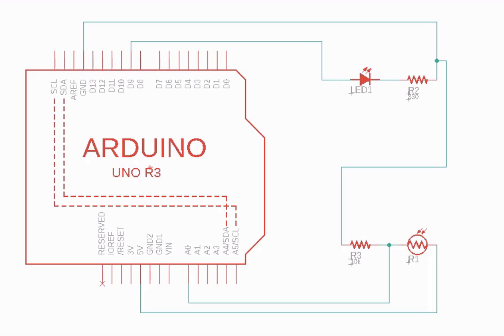So as R1 varies, the reading we're going to get at A0 varies. Specifically, the more light is shining on R0 or R1, our photoresistor, the lower its resistance is going to be. So if I were to take a flashlight and shine it directly on it, its resistance would drop to near 0 or to a very low number.